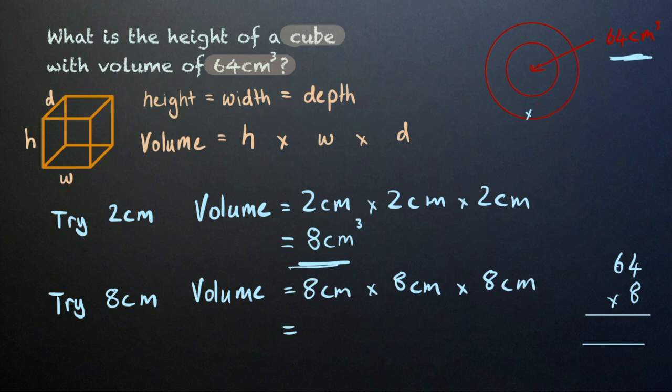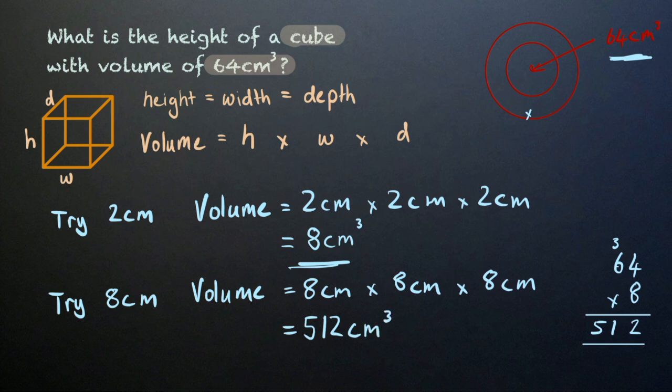We've got 8 times 4 is 32. Record the tens with the tens, 3 tens and 2 ones. And then we've got 8 times 6 is 48 tens, plus 3 more tens is going to be 51 tens. 512 is our answer. So that would be 512 centimeters cubed.